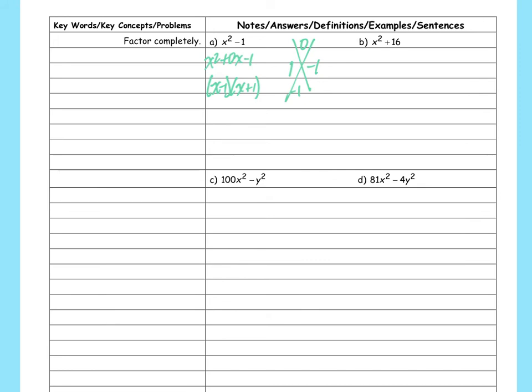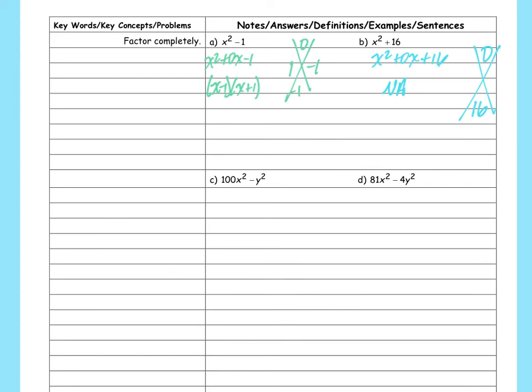And then the second one, x squared plus 0x plus 16. Two numbers that add to be 0 still and multiply to be 16. Well, there are no numbers, so this one is not factorable.